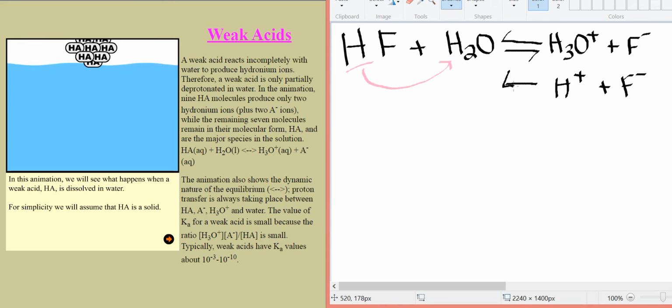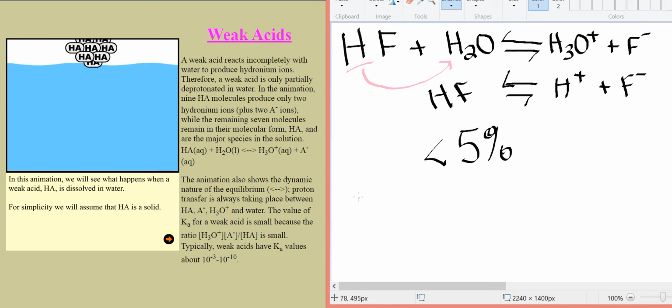The arrows would do the same thing, where you have hydrofluoric acid, HF, splitting apart into the hydrogen positive and the fluoride negative. But again, it's a weak acid, so it's not going to dissociate a whole bunch. It usually dissociates less than 5% on average. And so that back and forth arrow shows us the dynamic between the HF and the H+ and the F-.